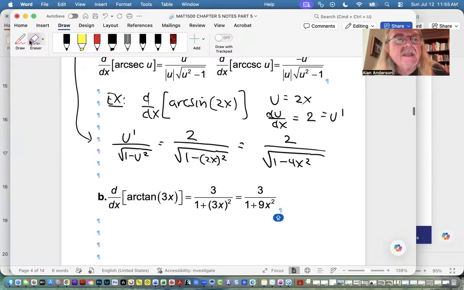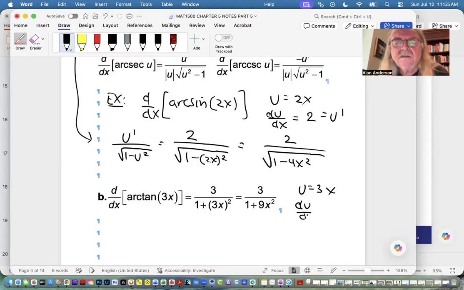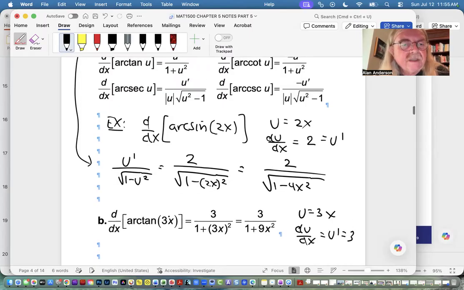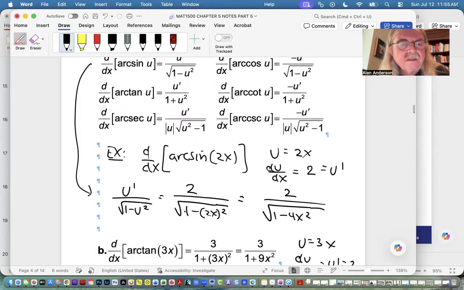So in this case, the U is the 3x. And so the formula we need is the second one, U prime over 1 plus U squared.